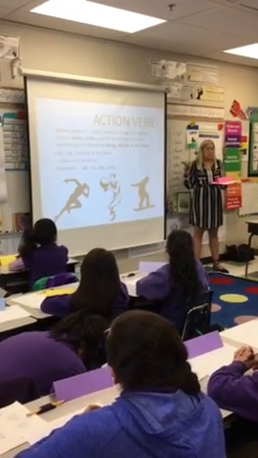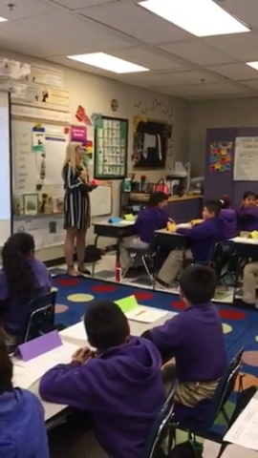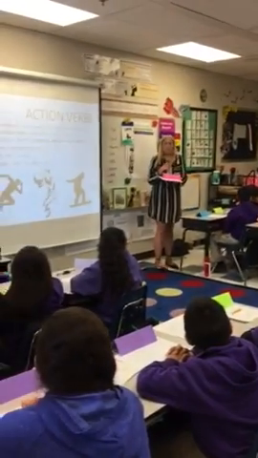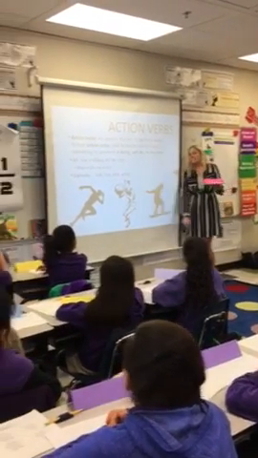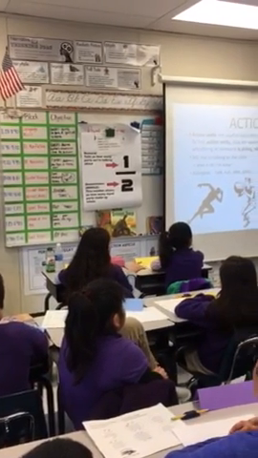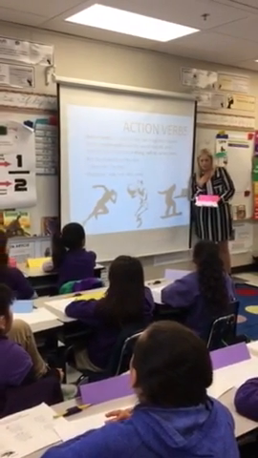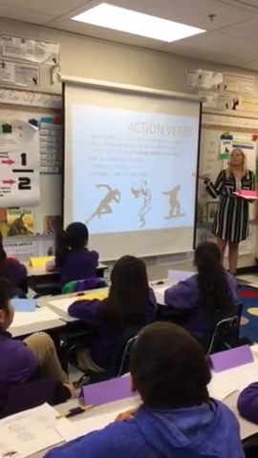Can anyone tell me what Miss Fox is doing right now? Stephanie. Talking. Can anyone tell me then what my action verb would be? Melanie? What is someone, me, Miss Fox, doing right now? Talking. Great. So that's our action verb.